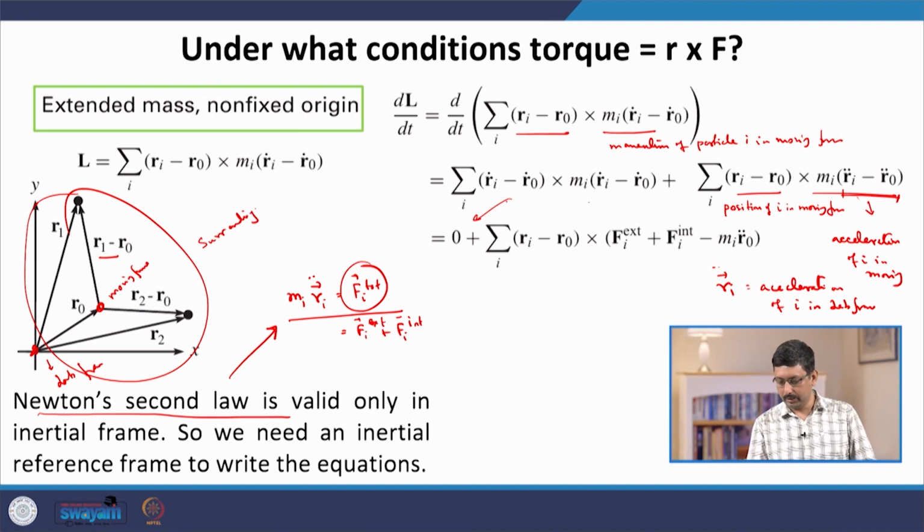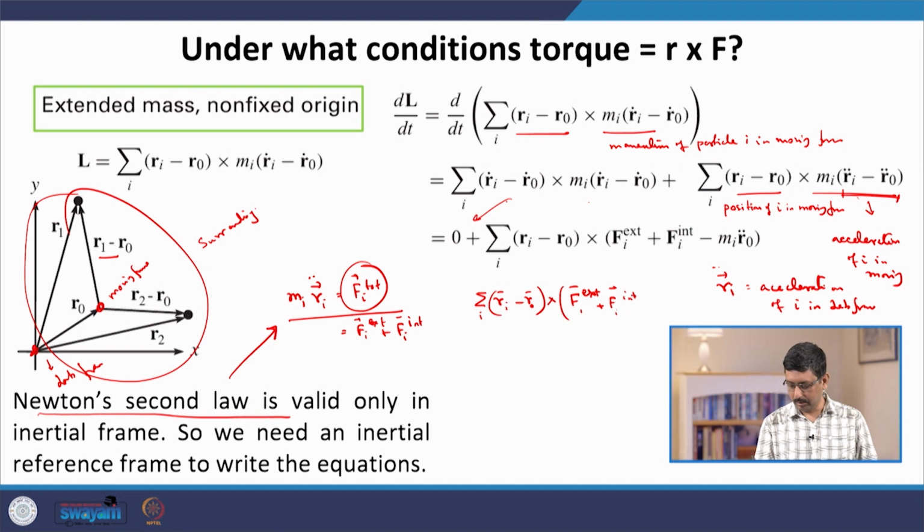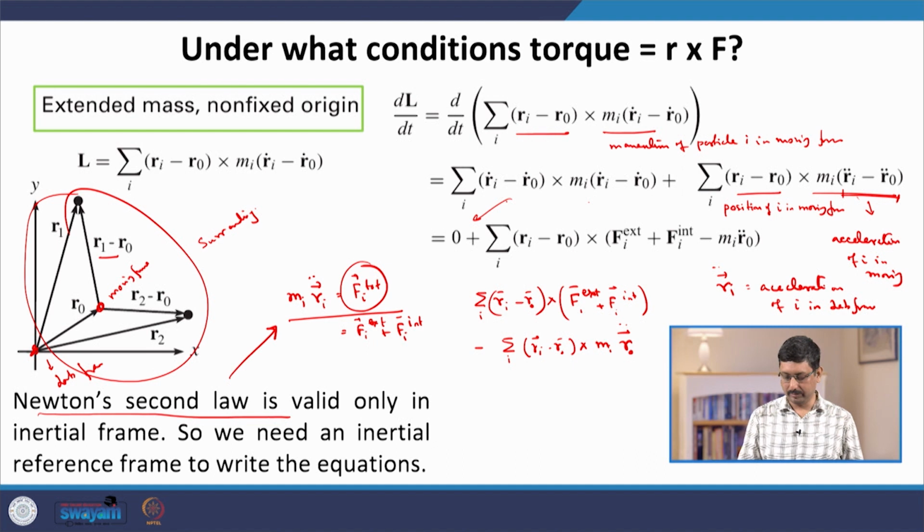The first term then will be r_i minus r_0 cross F external plus internal, and the last term will be sum over i, r_i minus r_0 cross m_i times the acceleration of the frame itself. So, I am writing all the equations with respect to the fixed frame.